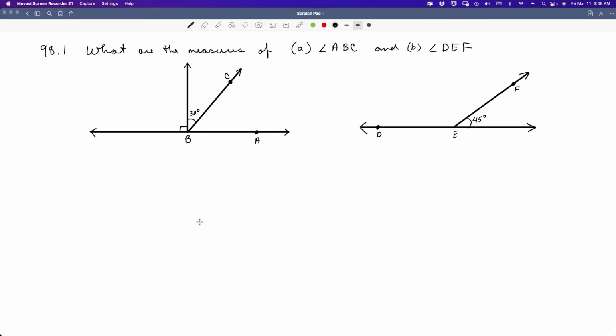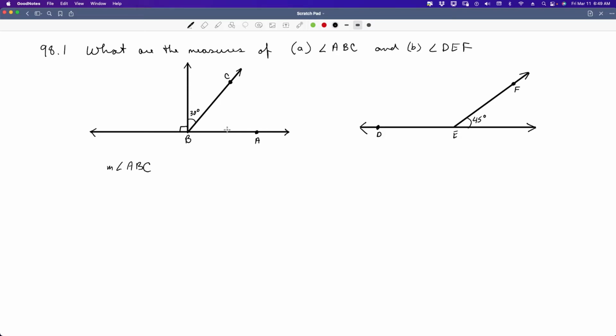All right, in example 98.1, we are asked to find the measures of angle ABC and angle DEF. So let's find the measure of angle ABC. We see we have a straight angle here, and a straight angle is 180 degrees because it is two 90-degree angles.